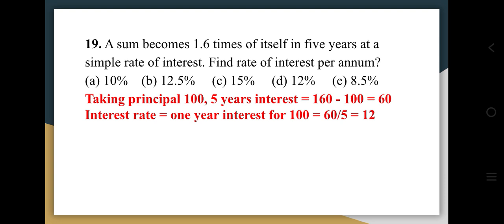So 5-year interest for 100 is 160 minus 100, that is 60. We want the interest rate. Interest rate means 1 year interest for 100. So 1 year interest for 100 is 60 by 5, that is 12. So the interest rate is 12% per annum.